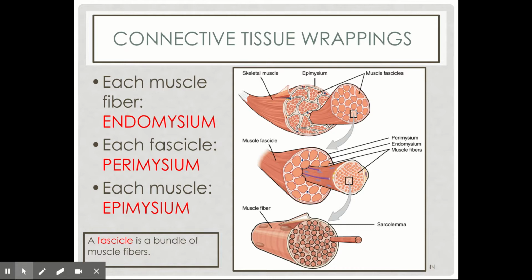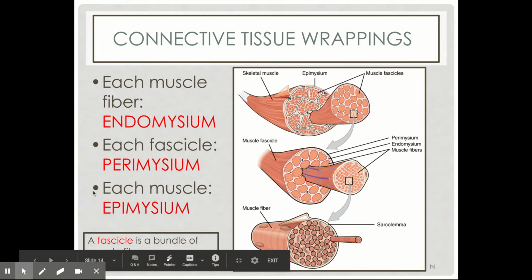Every single skeletal muscle will have a wrapping around it, and that is called the epimysium. That is this layer right here. It's on the outermost layer, and you can see it here. It's also right here. So around each muscle, your epimysium.